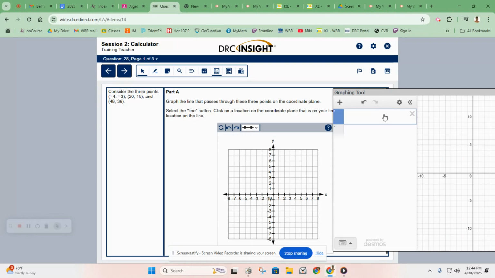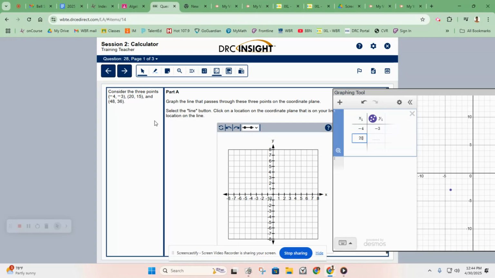I'm going to use my graphing tool in order to be able to see where this line intersects on the grid that's provided to me. What I'm going to do is create a table. For my table, I'm going to input the X values and Y values of these ordered pairs. So this would be -4, -3. I'm going to go down to the next one.